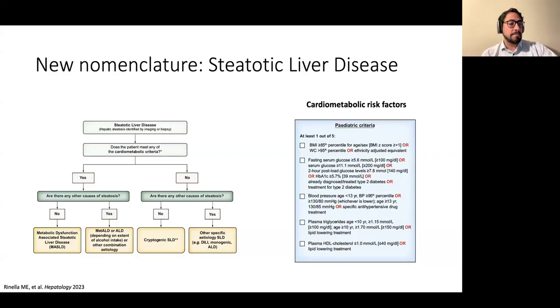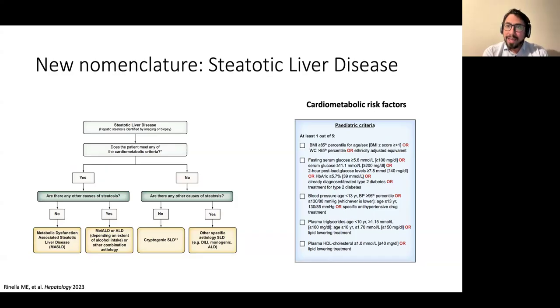And they define MASLD specifically in those individuals with low levels of alcohol use, but also they define the cardiometabolic risk factors criteria. These are the same criteria from other conditions like metabolic syndrome. But the difference with metabolic syndrome is that they are considering at least 1 out of 5 criteria versus metabolic syndrome that considers 3 out of 5.